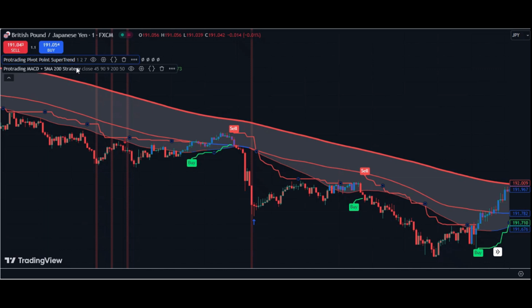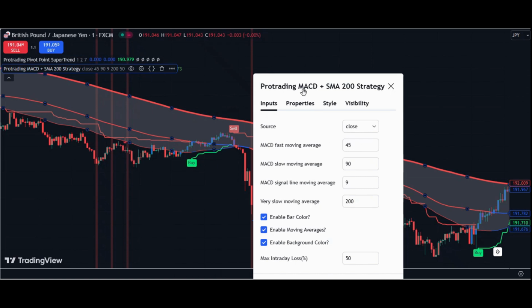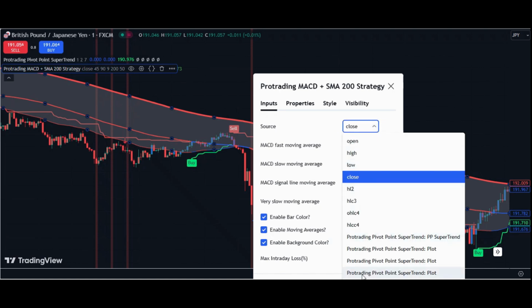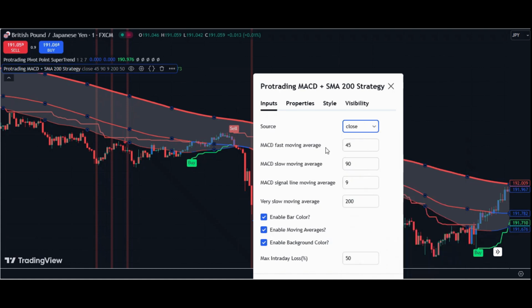The next indicator we'll be using for this strategy is our Pro Trading MACD plus SMA 200. All you need is to change the settings. Your source should be close, so that the calculation of the indicator goes directly with the close price.